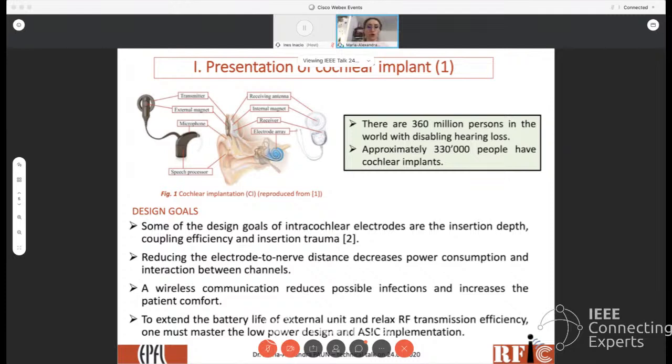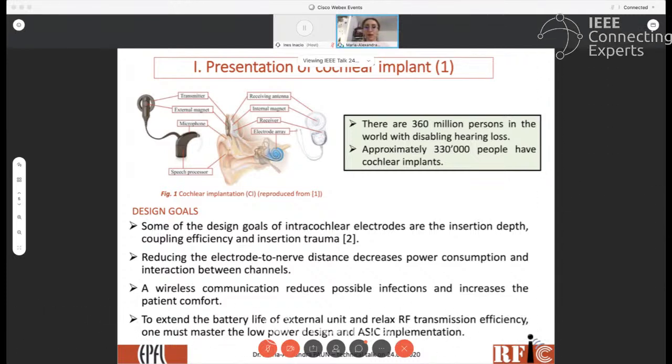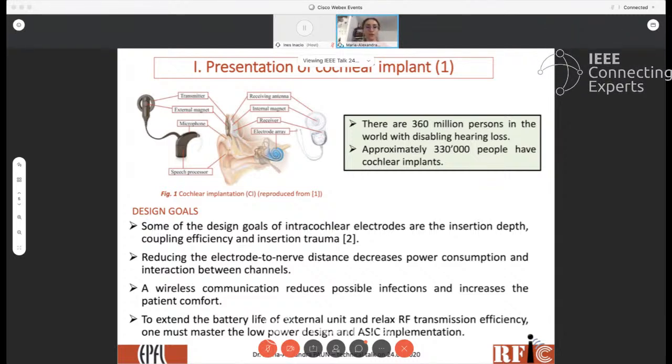Therefore, the normal amplification of the sound signal, which is done by a simple hearing aid, no longer works, and therefore a medical surgical procedure should be done to equip the patient with a cochlear implant. This is a medical surgical procedure which costs approximately $60,000 US dollars and is done by medical doctors under full anesthesia.